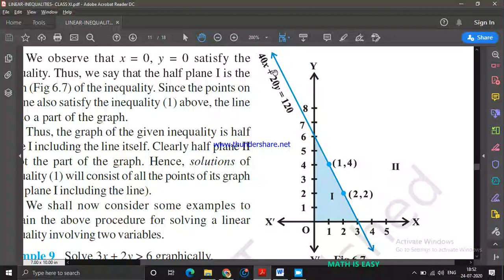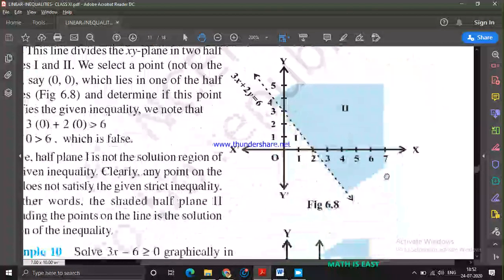So if you have less than or greater than, and you are confused about taking below or above or left or right, then you can take any one random point and substitute. If it is satisfying, then that particular part is the solution. You have to decide whether the solution is part 1 or part 2.